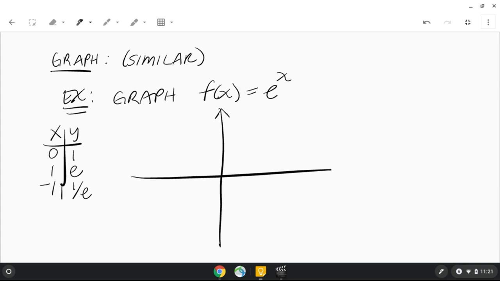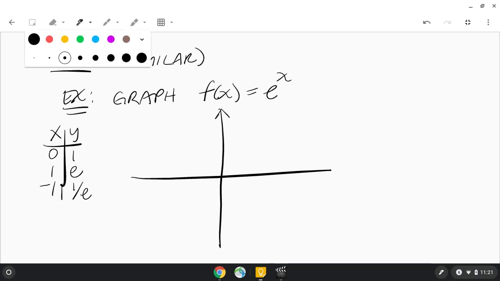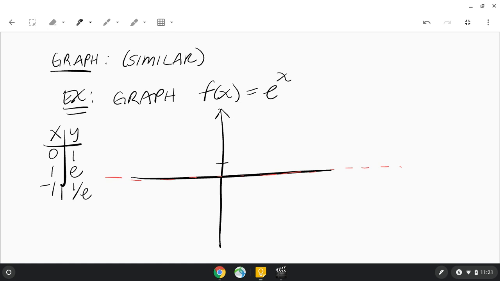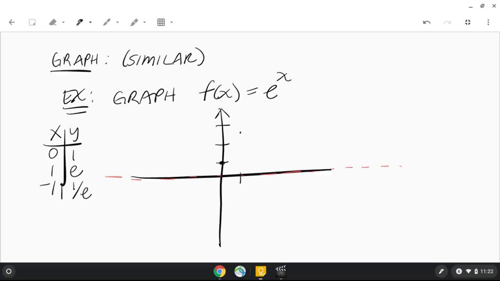When we graph this, again, we do have a horizontal asymptote at 0, right here. And then our points, we have one at 0, 1, then 1, e, and e is about 2.7. I promise I won't break out my tape measure.